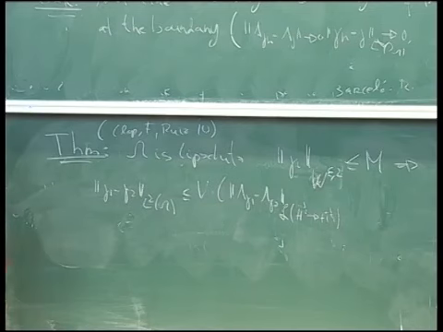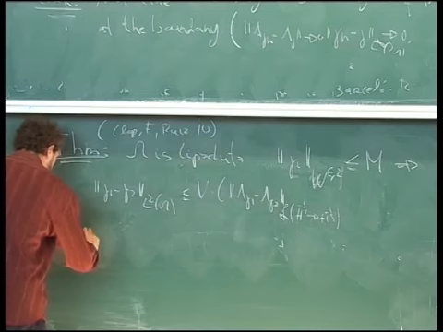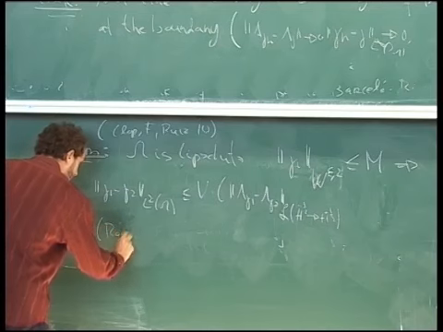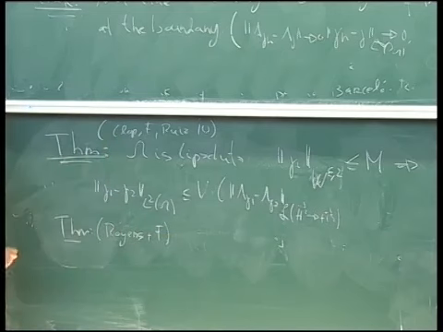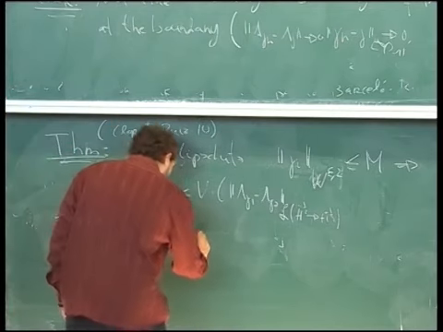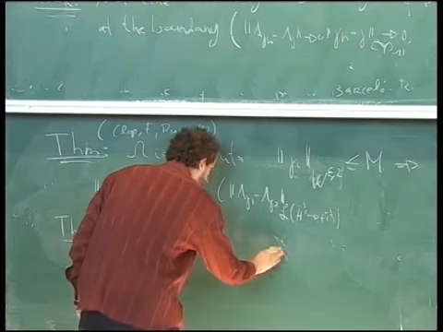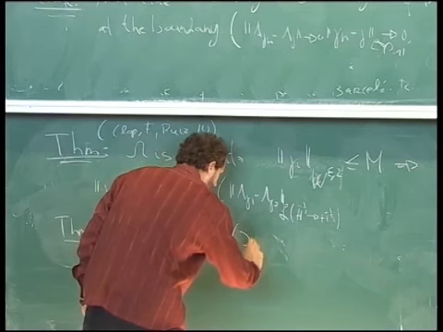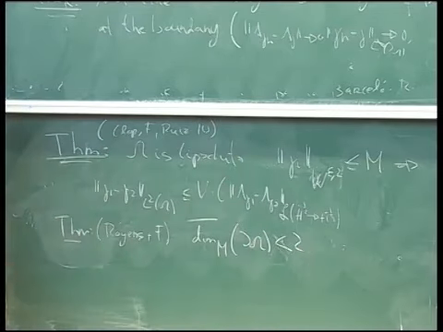So with Rogers, we looked at this, and we could prove that a similar result holds as long as the upper Minkowski dimension of the boundary is smaller than 2.